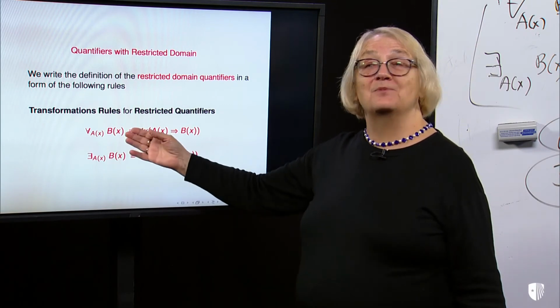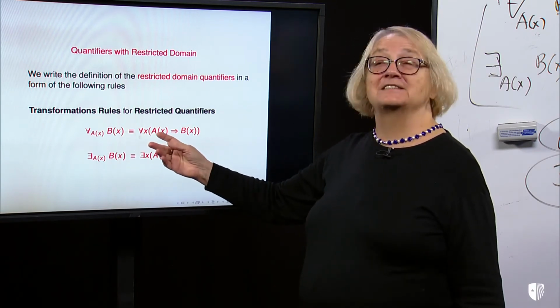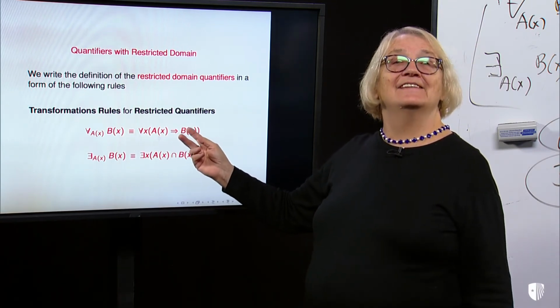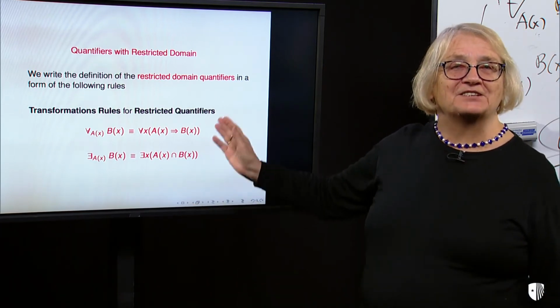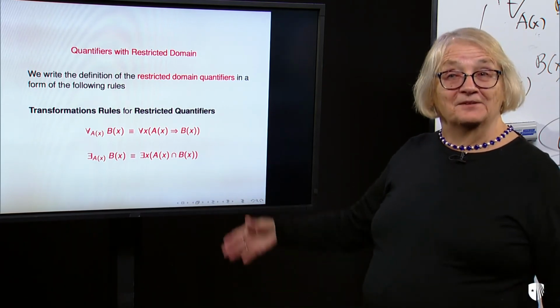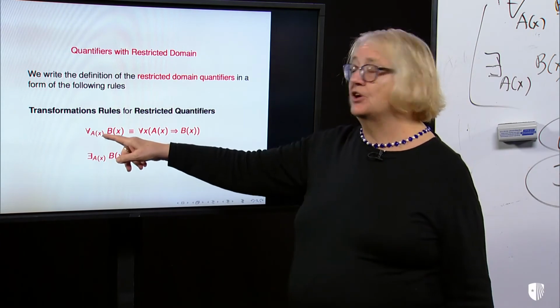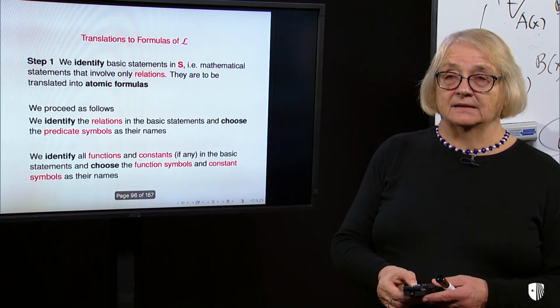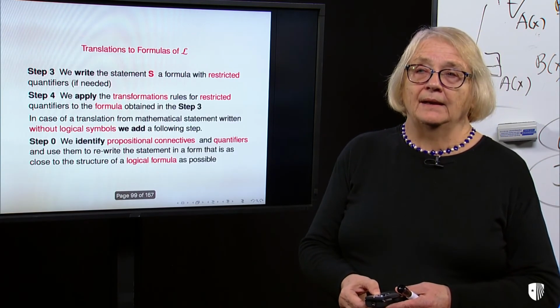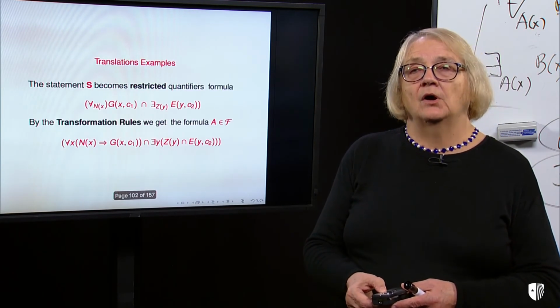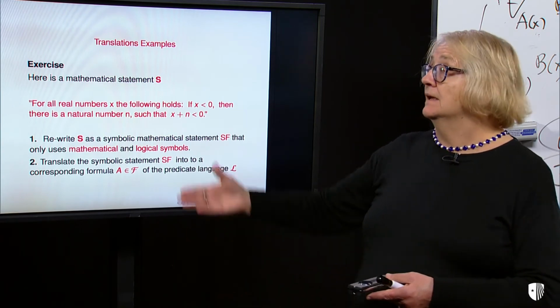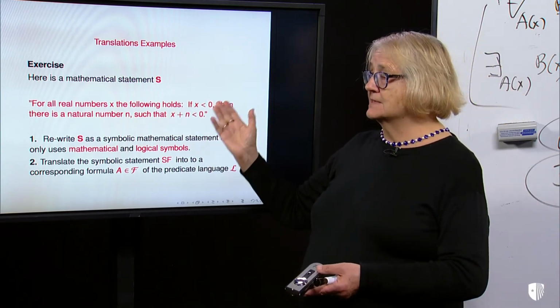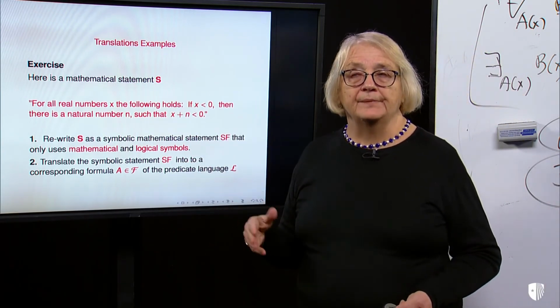So all humans are mortal: for all x, if x is a human, then x is mortal. So that's why we translate restriction on universal to implication. And now you have a method of translating mathematical statements into logical formulas.